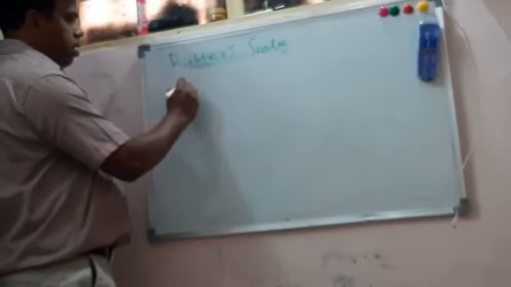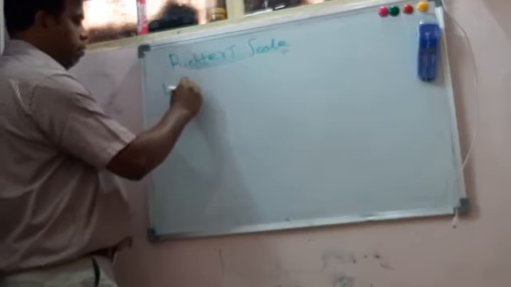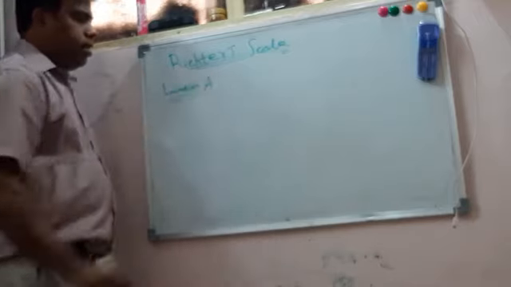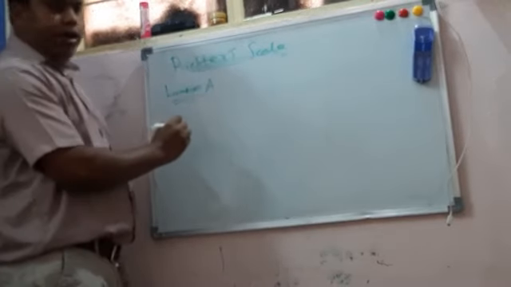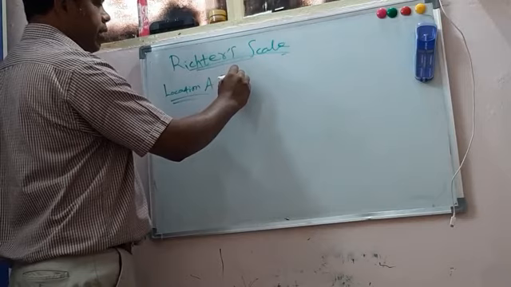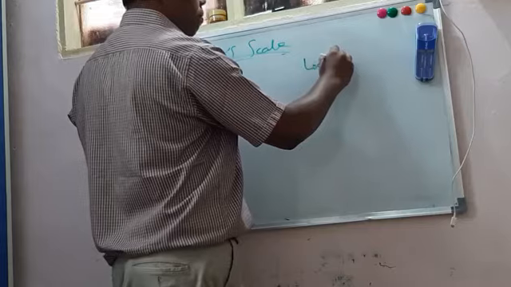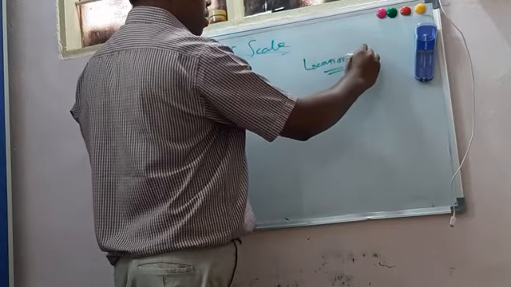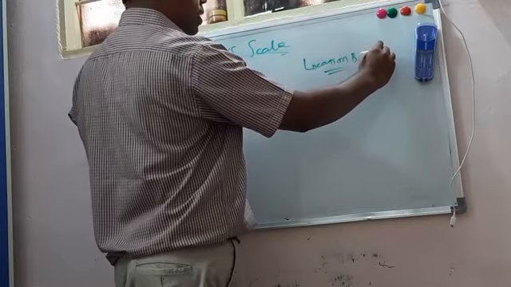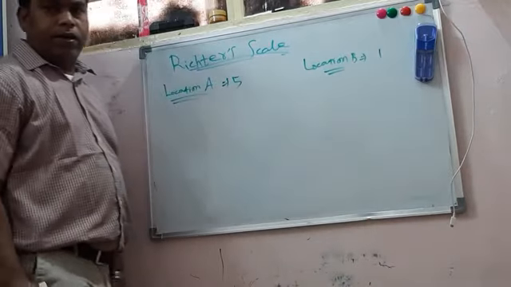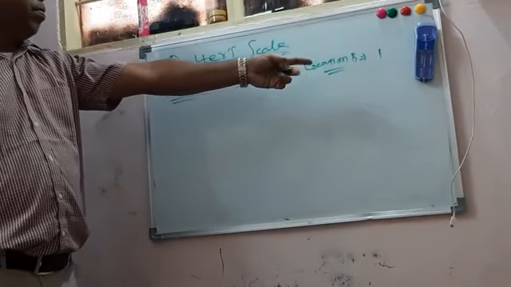Suppose you want to compare earthquake magnitudes at different places, location A and location B. At location A, imagine the magnitude is 5, and at location B, the magnitude is 1. An earthquake of 1 on the Richter scale and 5.